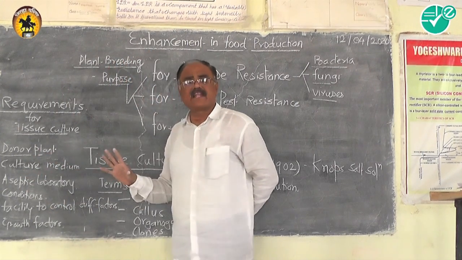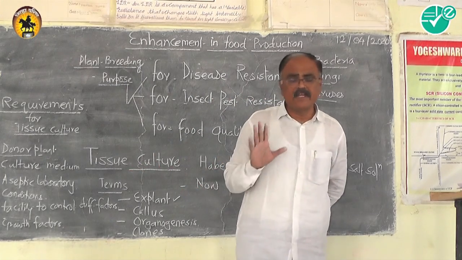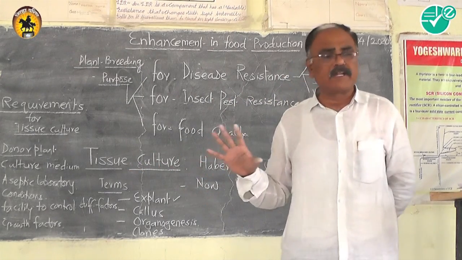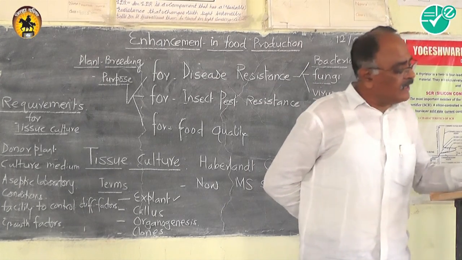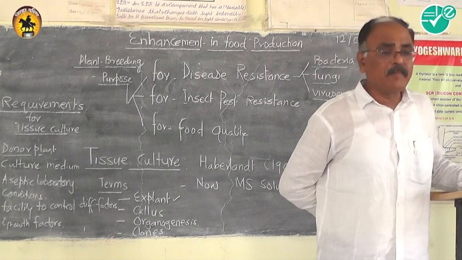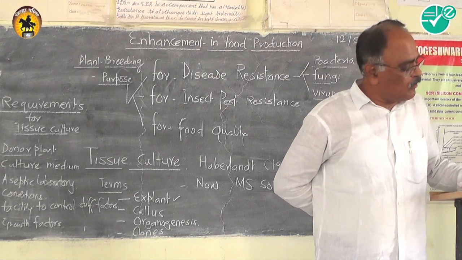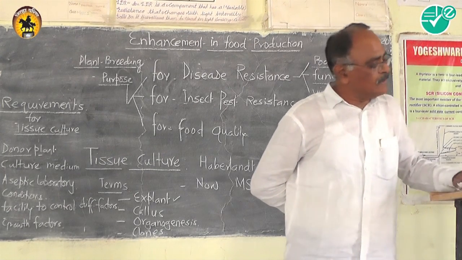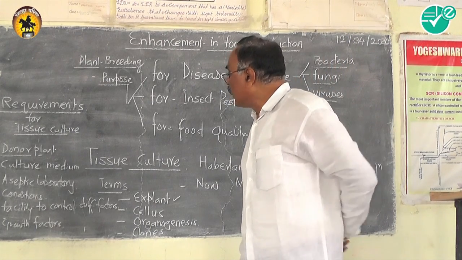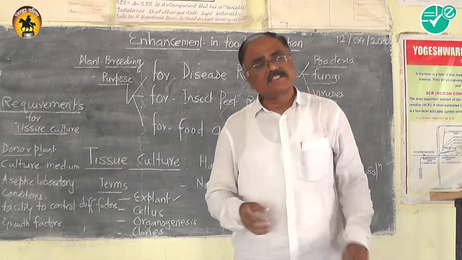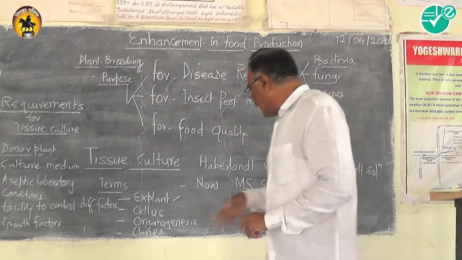Normally the explant is sterilized by 1% sodium hypochlorite, or 70% ethyl alcohol can also be utilized, or 10% hydrogen peroxide can also be utilized, for the sterilization of the explant.